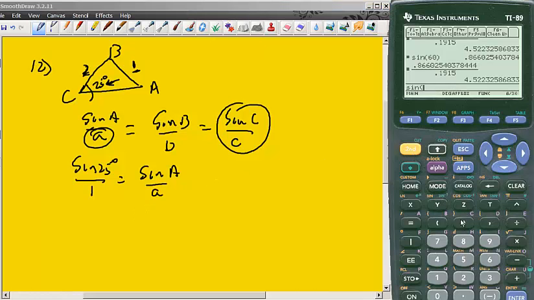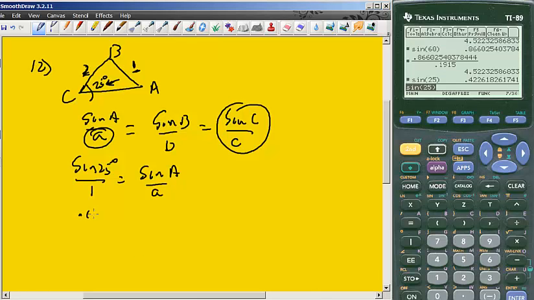So sine of 25, and that is 0.4226. Since that's divided by 1, that's all I'm going to have.